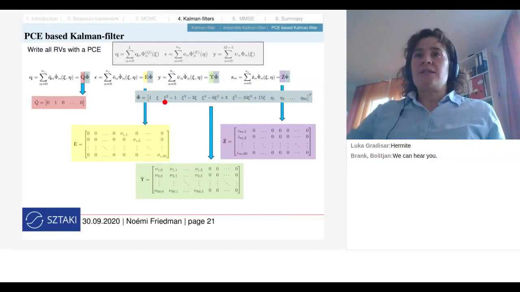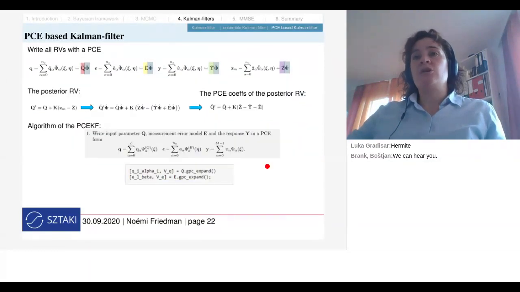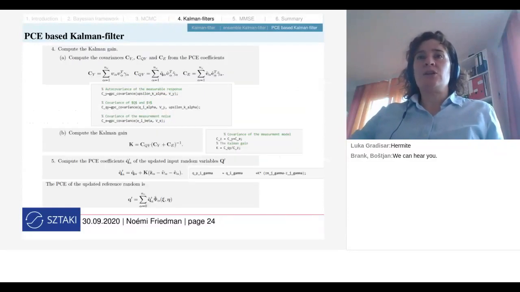That dimension is the number of the independent random variables that describe the forward problem, plus the number of the random variables that describe the error term. And these dimensions will add up, and in this added dimension I can make a PC approximation of the updated random variable, and I will get directly from this equation here the PC coefficients of the updated random variable. And I skip the computation here.